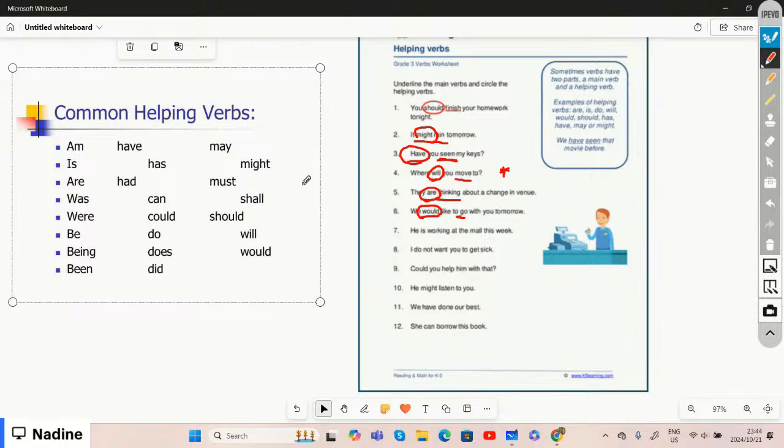What is the main verb within the sentence? It's working. And then our helping verb is is.